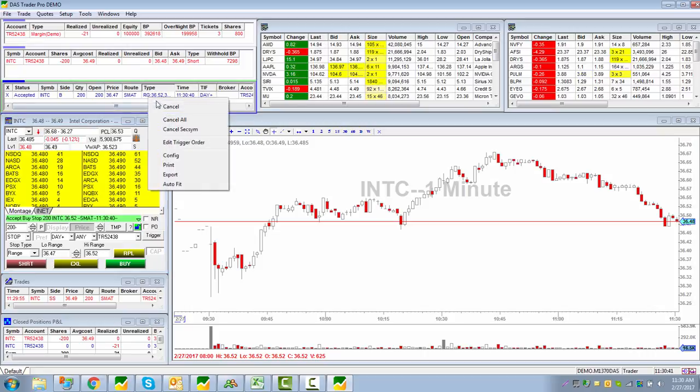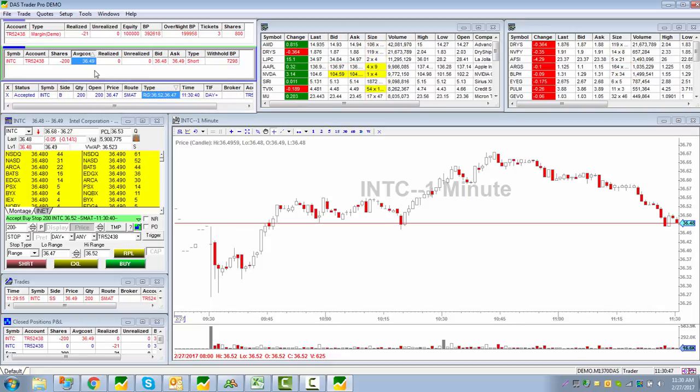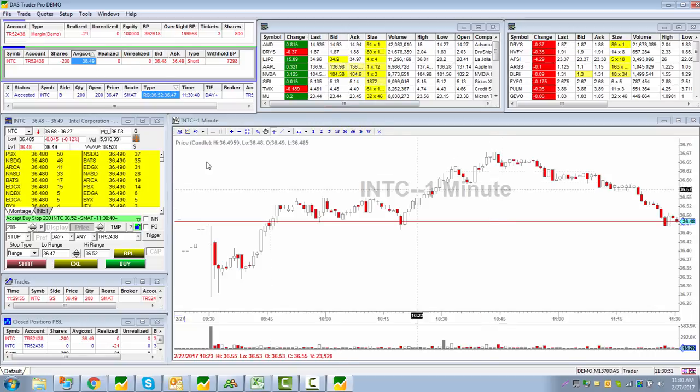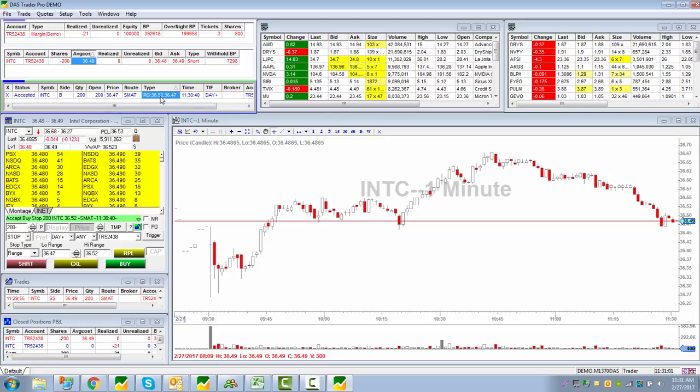Okay, so you can see that in the type column, and you can see in the average cost our entry was 36.49. If this does hit 36.47, that'll be a limit order that will issue out to the market. And this 36.52, that'll be our buy to cover stop market.